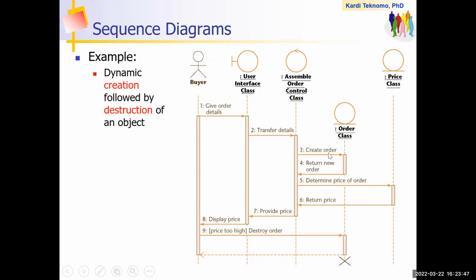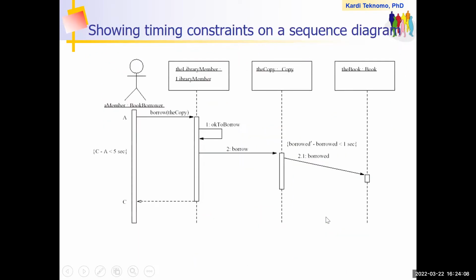And then it will return the new order, and then it will determine the price order using the price class, and so on. At the end, we have X here representing that this object is destroyed, out of the memory. Is this clear or not?